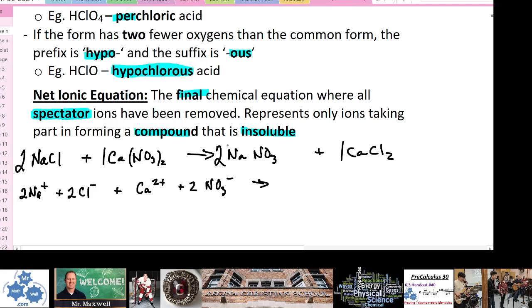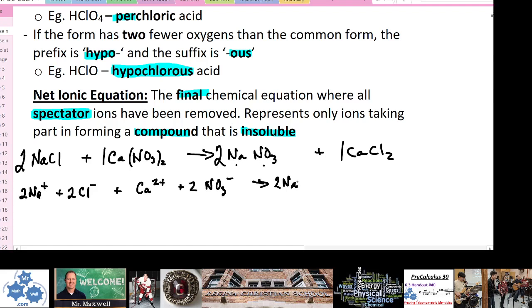That's the first column. Generally all the compounds with sodium, or anything from the first column, are soluble. Nitrates are also soluble. There's very little exception, very few conditions that would make this insoluble. So from looking at both those ions, definitely soluble.